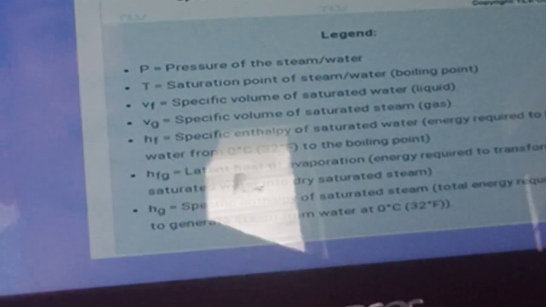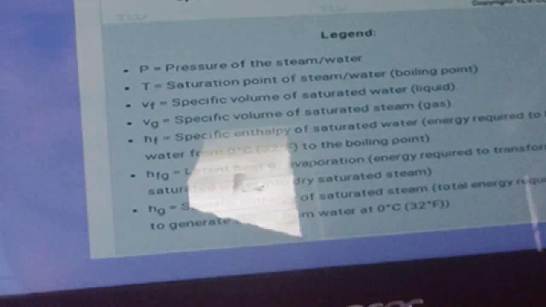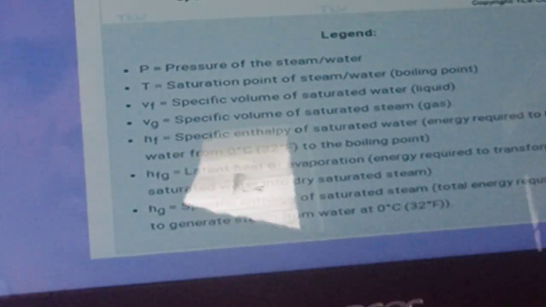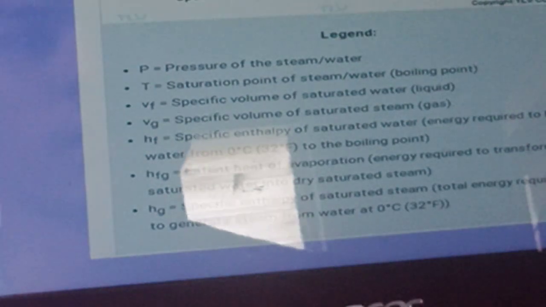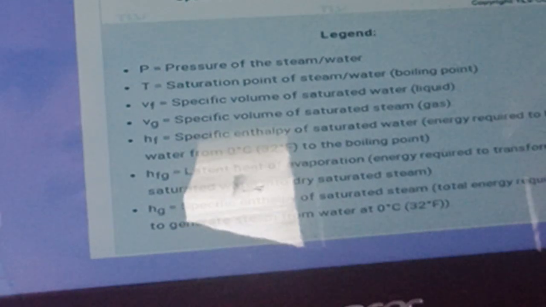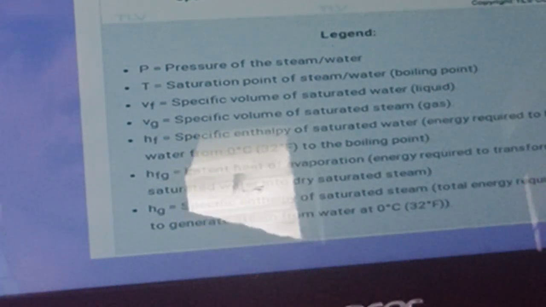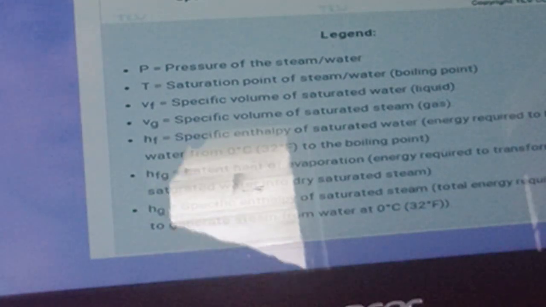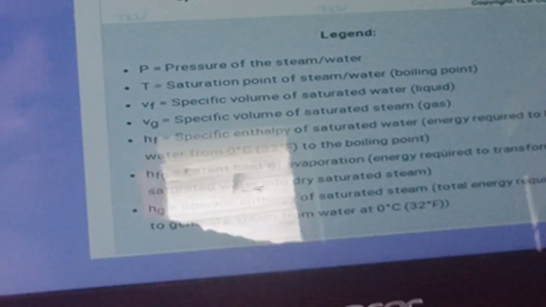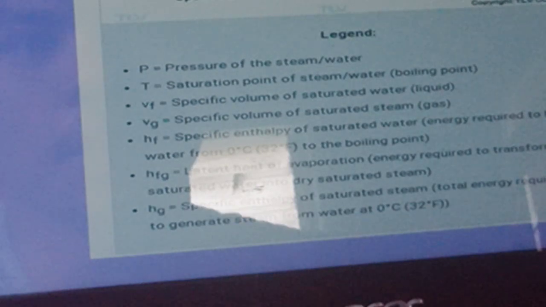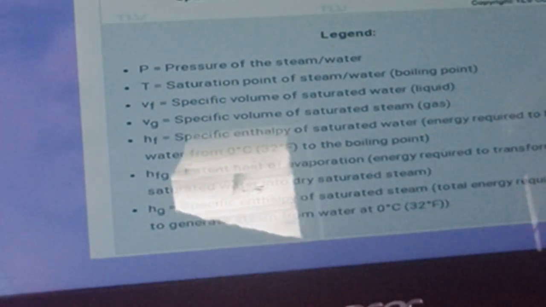So, the legend. P, pressure of the steam water. T, saturation point of steam water, or boiling point. Vf, specific volume of saturated water liquid. Vg, specific volume of saturated steam gas. Hf, specific enthalpy of saturated water, energy required to heat water from 0 degrees Celsius to the boiling point.